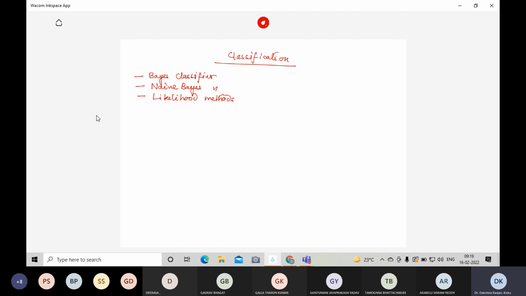Let us consider there is a sample space, capital S, and there are two events that we can draw from sample space S.